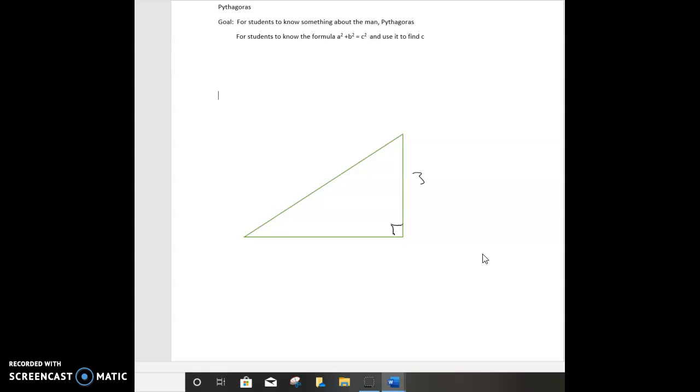I'd ask them to make this 3 centimetres and to make this 4 centimetres, and then to measure how long this side was. I'd also tell them to pause the recording while they did that, and then to play it again once they have measured that side and drawn up their triangle. Then, of course, they're going to find that that side is 5 centimetres long.